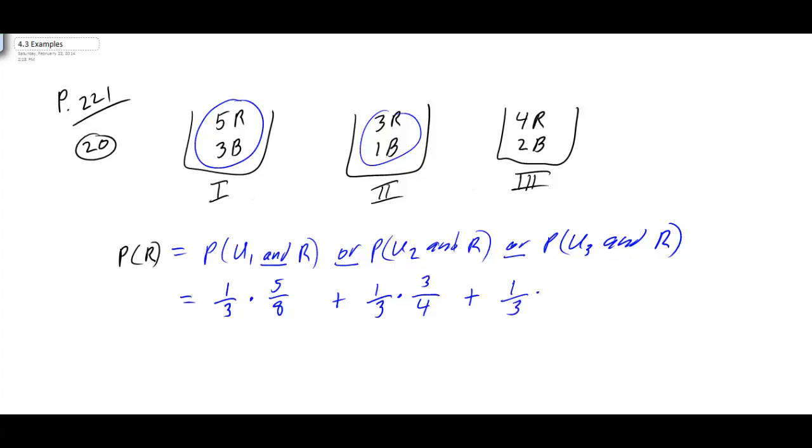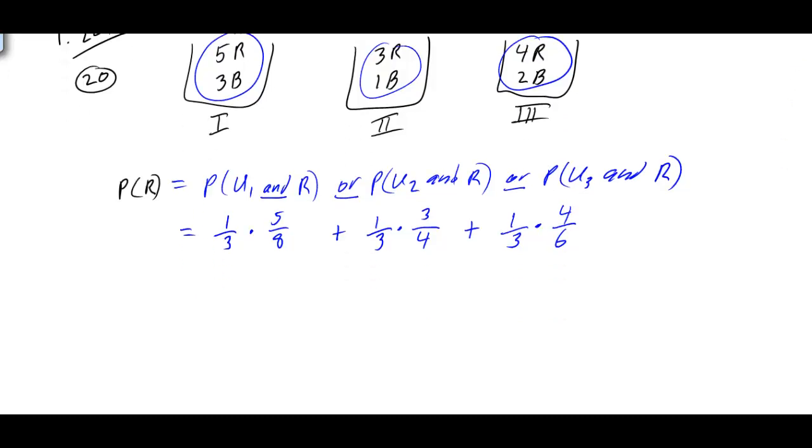And so we're going to multiply. There's a total of 6, and red, there's 4, so that would be 4 out of 6. So at this point, all we have to do is multiply and add together all of the calculations, and I believe we should end up with 49 out of 72.